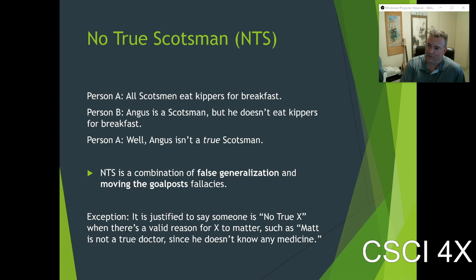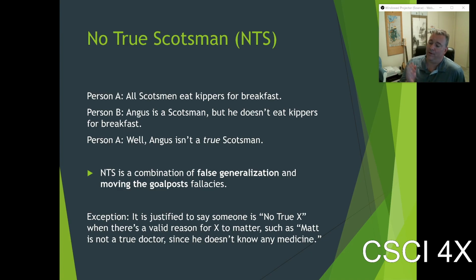So what's happening here is person A makes a false generalization, because it's not true that all Scotsmen eat kippers for breakfast. Person B comes up with a counterexample: look at Angus over there, he is a Scotsman, he doesn't eat kippers for breakfast.